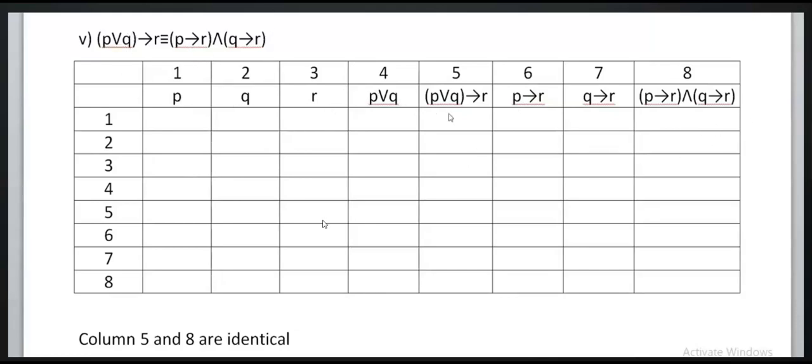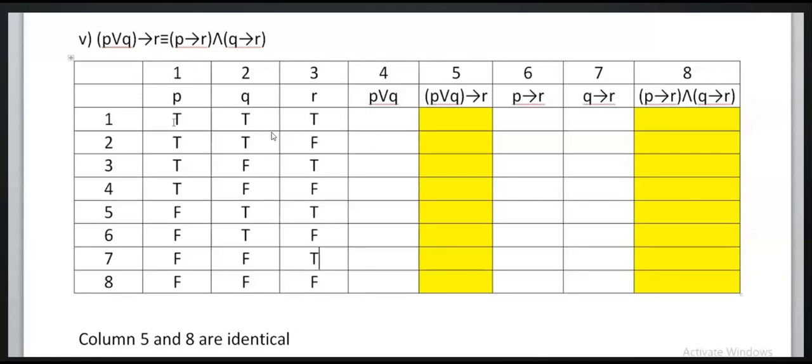Now write down the P, that is 4T 4F. Next is double T double F. Q is TF, TF, TF, and in this way.